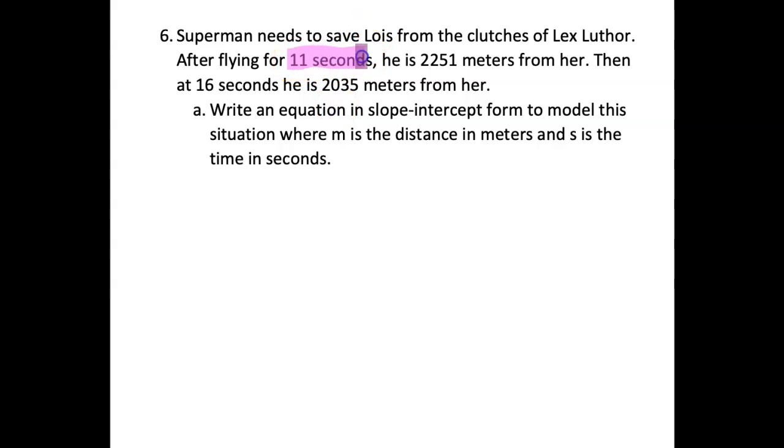So if you notice, we're given 2 points, time and distance. Write an equation of the line in slope-intercept form to model the situation where m is the distance in meters and s is the time in seconds.